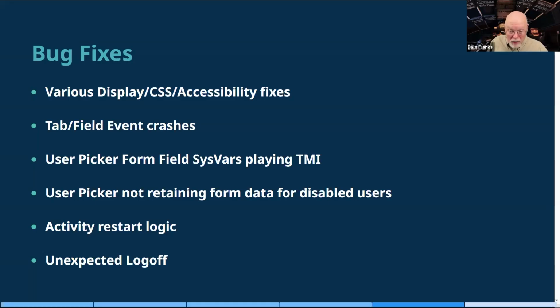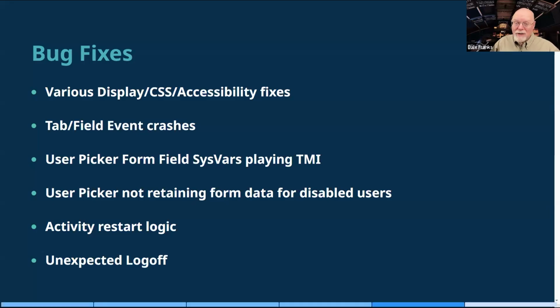Another issue that's a little more understandable, the user picker was not retaining the form data for disabled users. So I have an old form. I picked Bob as my user and I saved the form. And then a year later, Bob leaves the company and I disable Bob as a user. But for some reason, I have to go back and open up that old form.